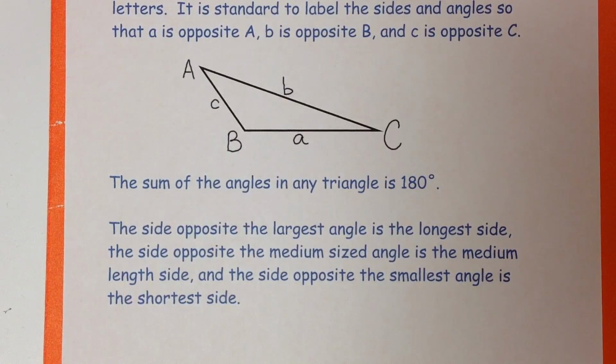The medium sized angle would have to be opposite the medium side length. And then the side that's opposite your smallest angle will always have to be the shortest side. So you always have that proportion there. That's helpful with some other things later on.